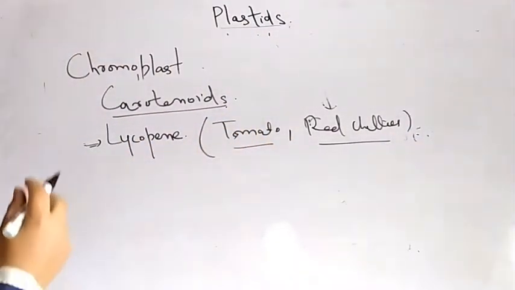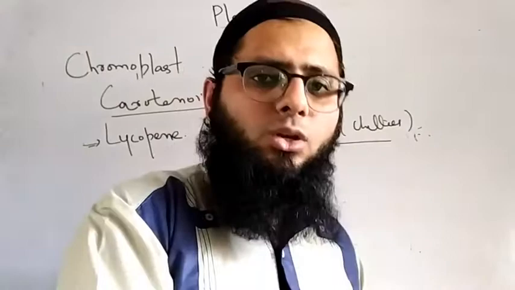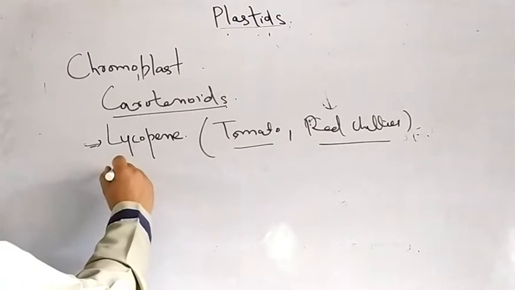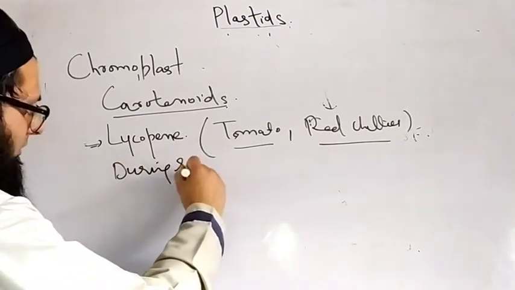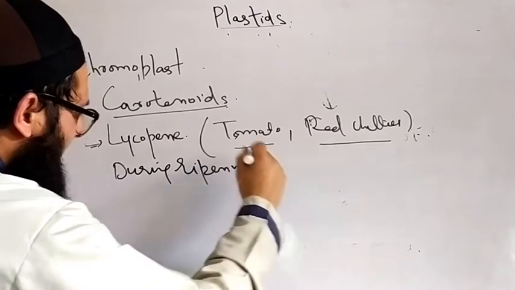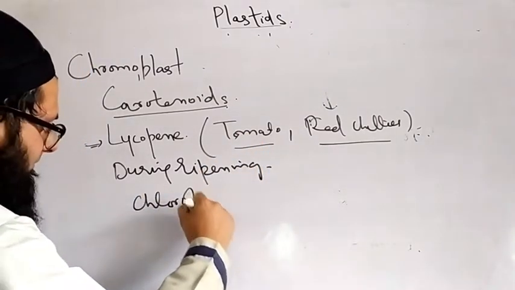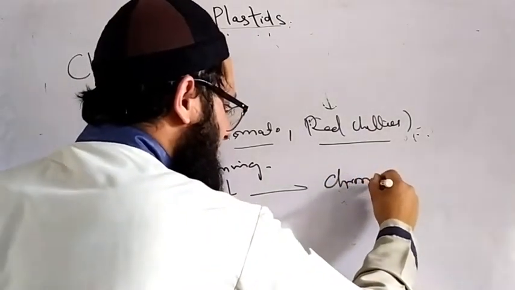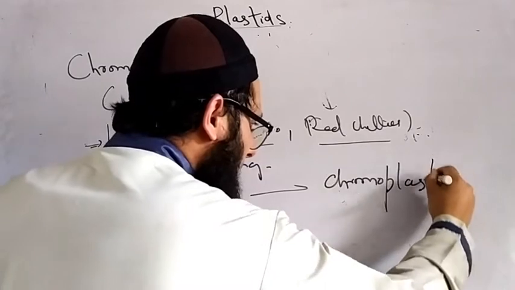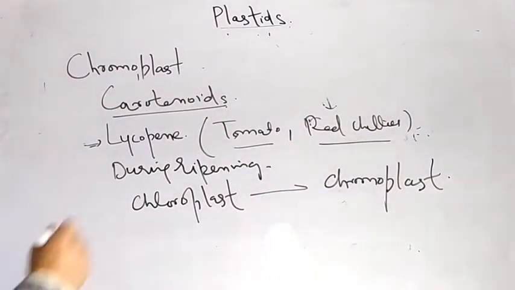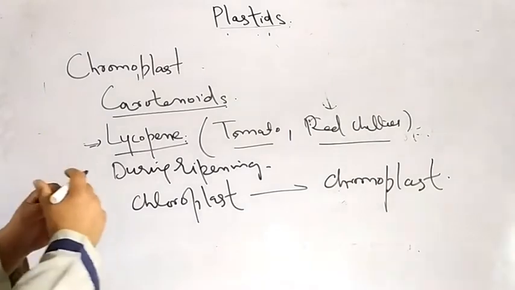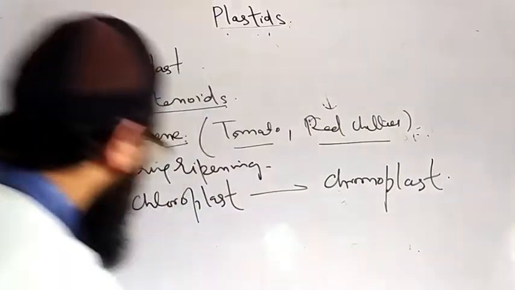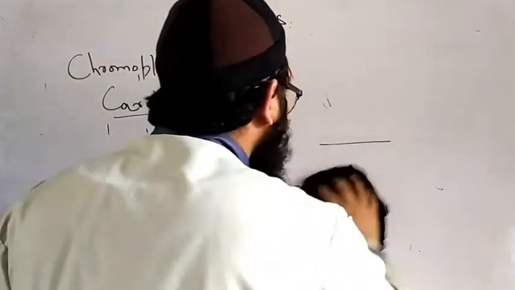So during ripening, the chloroplast has been converted into chromoplast.